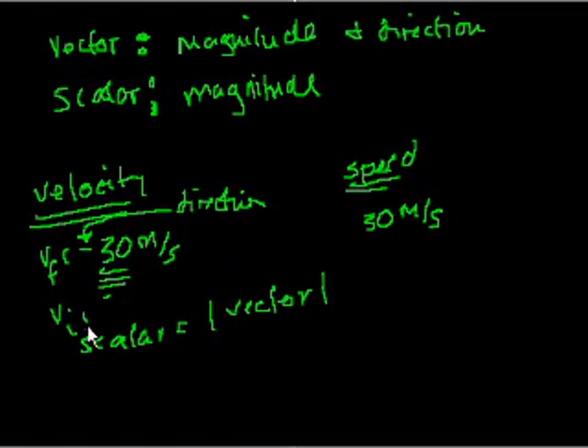If my initial velocity was plus 30 meters per second, then the speed would still be 30 meters per second. So I just wanted to introduce that notion. In one dimension, direction can be implied by positive or negative numbers. But now, when we go into two dimensions, we're going to have to get a little bit more sophisticated in terms of how we give direction.